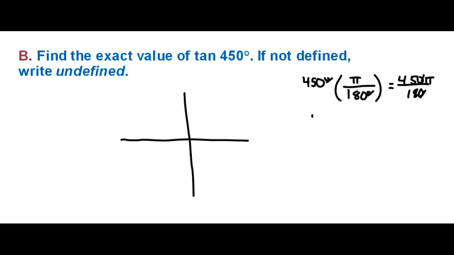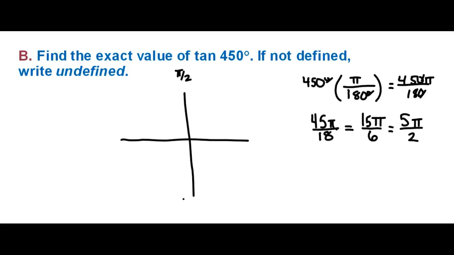That becomes 45 pi over 18. Divide the top and the bottom by 3. We get 15 pi over 6. And then we can divide that by 3 again and get 5 pi over 2.